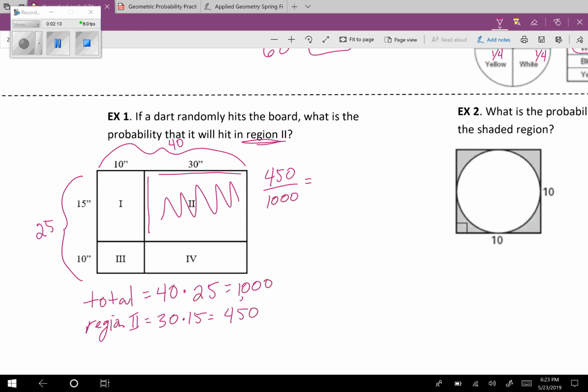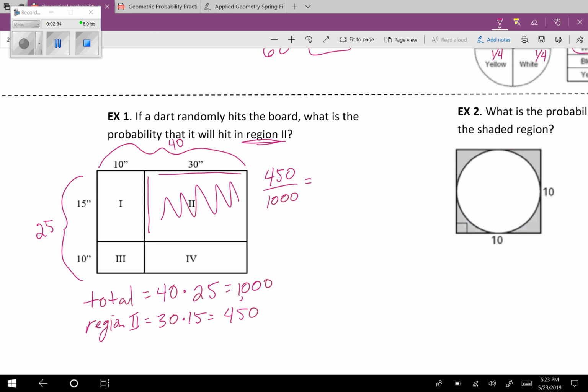Now, for geometric probability, because we're going to have circles and other shapes and we're going to get some decimals, what I want you to do is express geometric probability as a percent right away. So take your fraction and turn it into a decimal and then multiply that by 100.